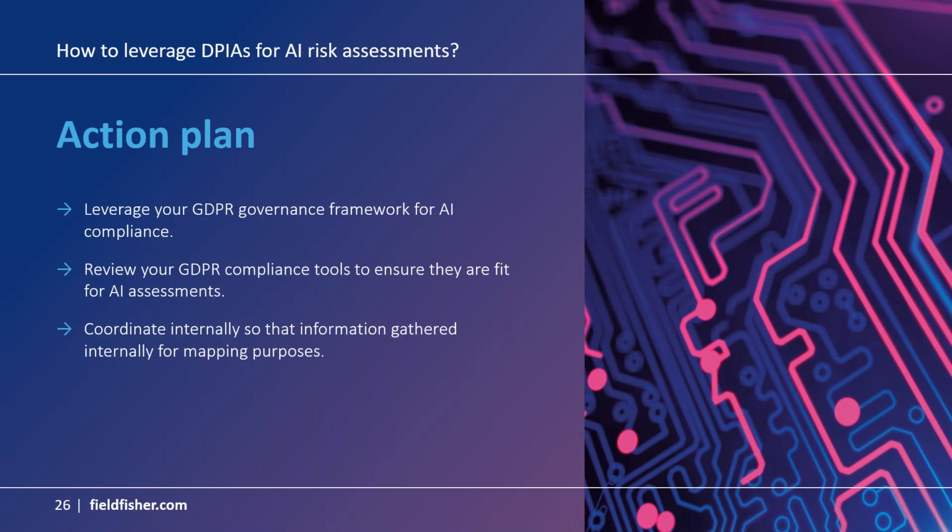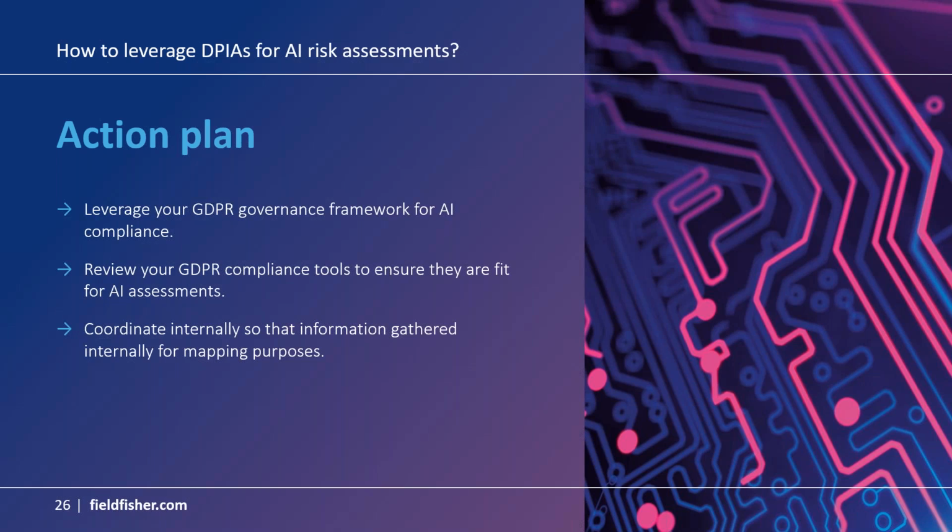And with that, I'm going to wrap up with some key takeaways, a bit of an action plan. So if as a privacy professional or indeed a compliance professional, you've been tasked with kicking off the AI governance framework within your organization or starting the process, then I think there's a couple of things that you'll need to bear in mind.